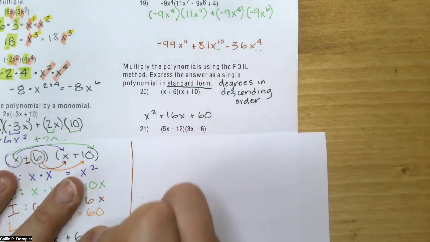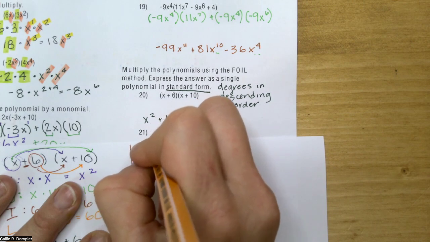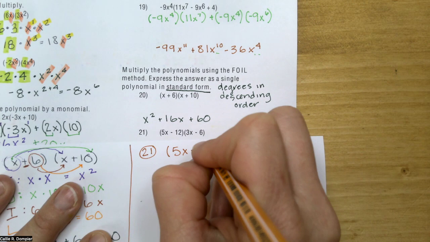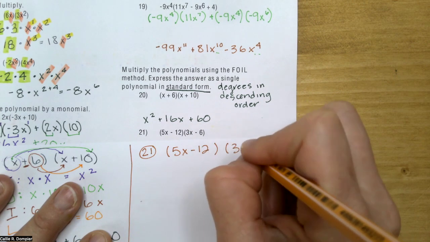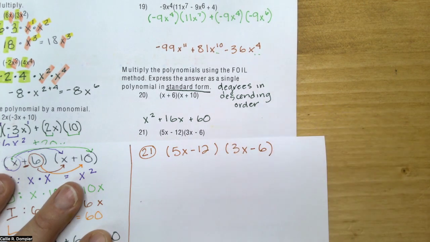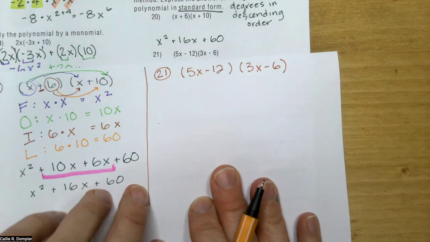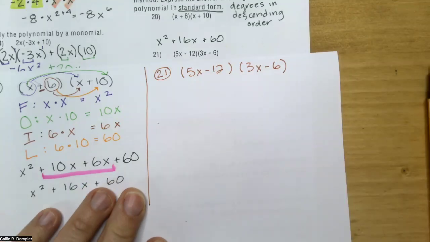Oh, sorry, 21. And again, we'll do first, outside, inside, last.